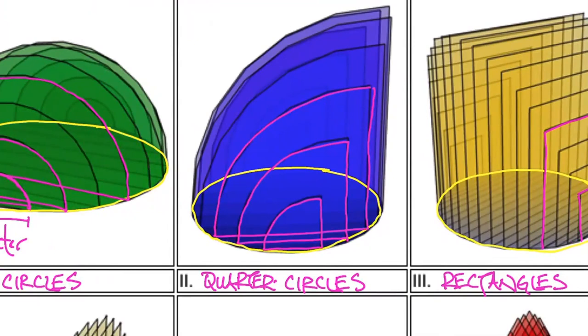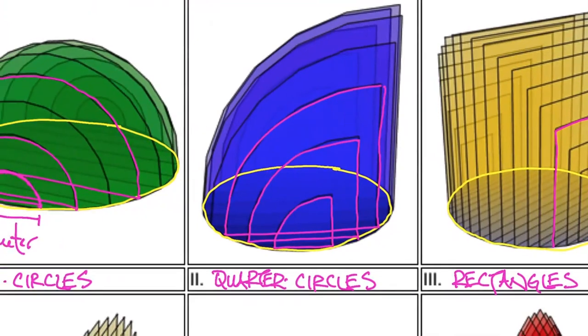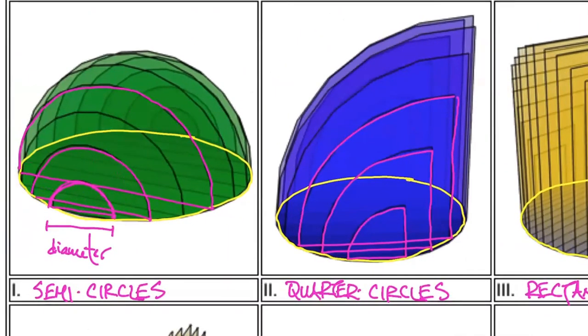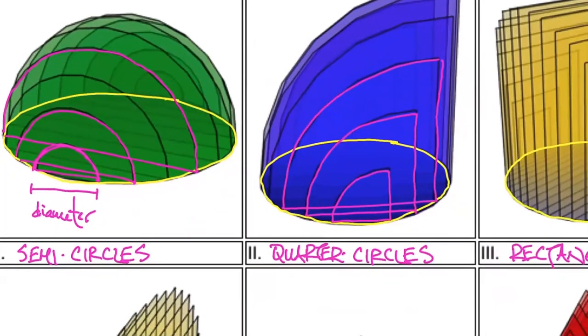And so maybe by drawing in that bottom piece, we can see it a little bit better, that we have this yellow circle on the bottom. Exactly. Now, if we look at the green picture and the blue picture, the green one, we have a diameter, but the blue one, we have a radius. Okay.